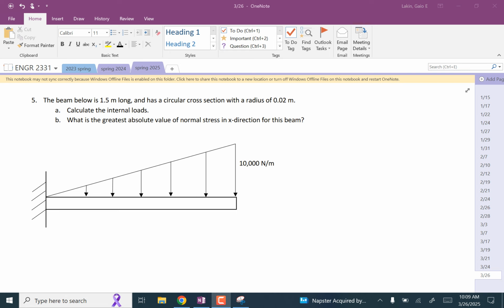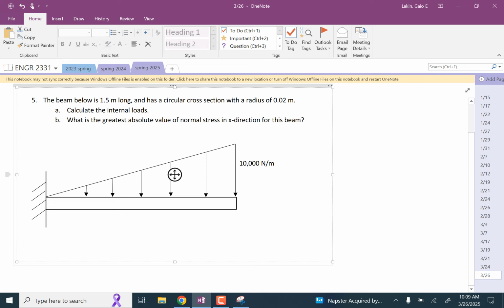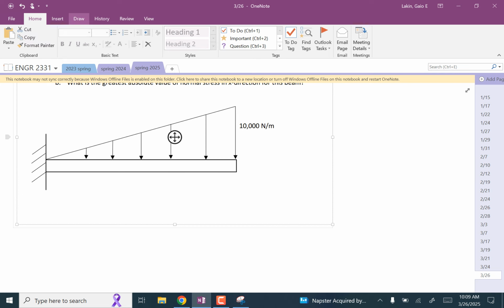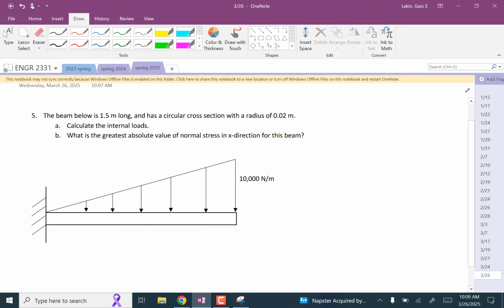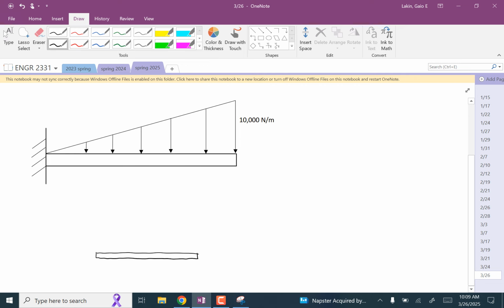Okay, well, let's see. So the first thing we have to do is calculate the external loads. This thing is 1.5 meters long. It's a convenient length. This is R. We have an MR. This is 10,000 times 1.5 divided by 2, so 15,000, so 7,500.